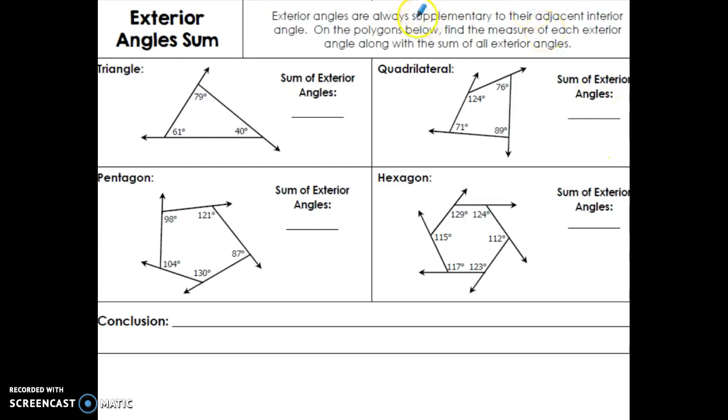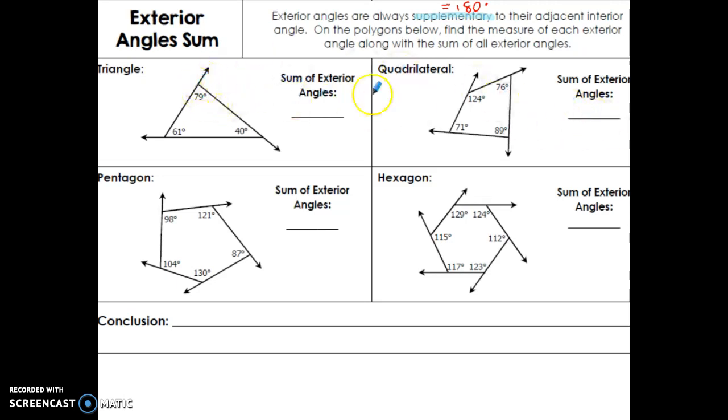Supplementary is something we haven't talked about in a while, but in case we don't remember, that means they equal 180 degrees. By adjacent interior angles, we mean that if they form a straight line, then they will be supplementary.